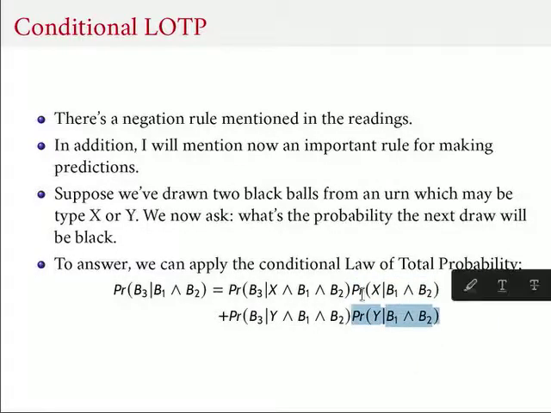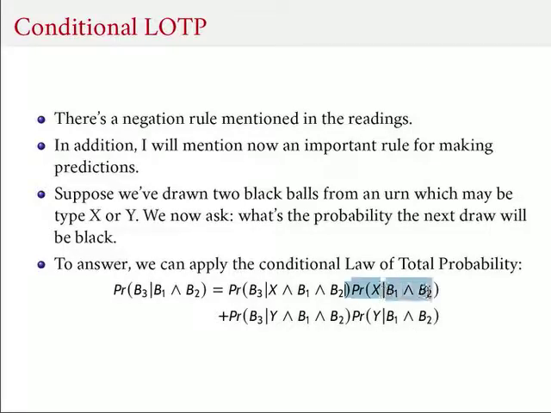If you notice, these 2 probabilities can be calculated using Bayes' theorem. So in order to answer this question about future evidence, you need to calculate the probability of each of the relevant hypotheses given the earlier evidence. You have to calculate the probability of X, given that the first 2 draws were black, and the probability that the urn is Y, given that the first 2 draws were black.